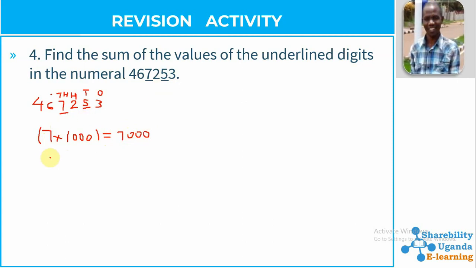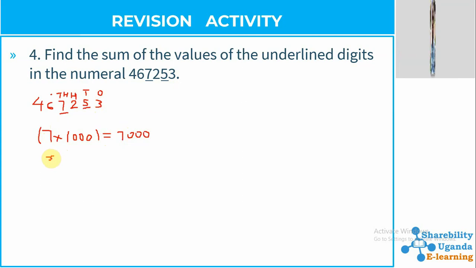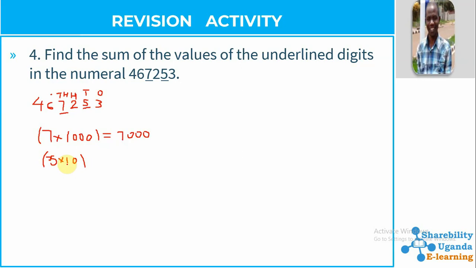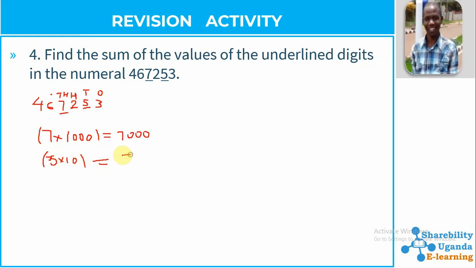It is in tens, so we say 5 times 10, because our 5 is in the place value of 10. So here we come up with 50.